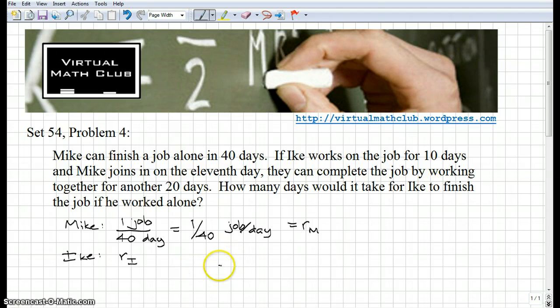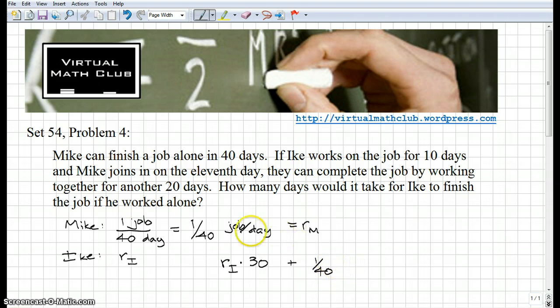If we knew Ike's rate, I'm just going to include the variable for right now because I don't know Ike's rate. That's what I want to find. But if I knew his rate, and I know that he works for 30 days, that would tell me the portion of the job that he's able to complete during this time period. Mike also worked with him for part of the time, but only 20 days. Mike's rate is 1/40th of a job per day.